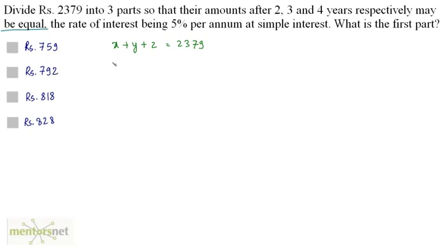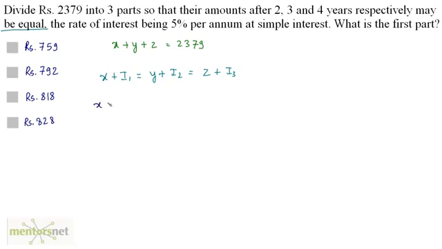So this means that if I write x plus the interest on x will be equal to y plus the interest on y will be again equal to z plus interest upon z. Let that be I3, right? So this way we can find out the relation between x, y and z. So what is the formula for interest? That's PNR upon 100.